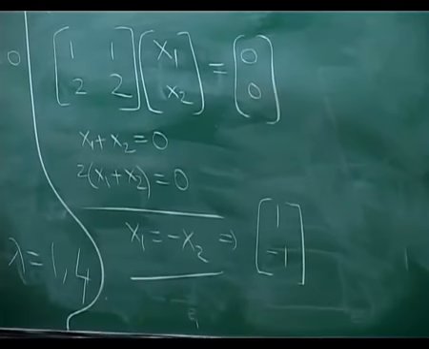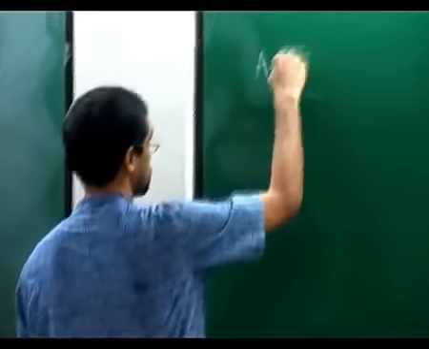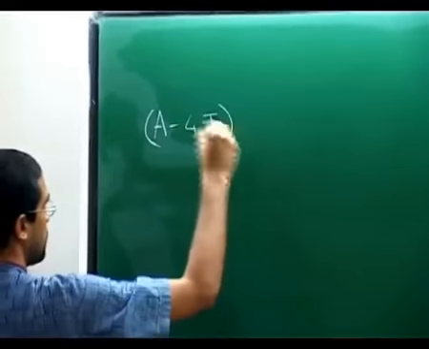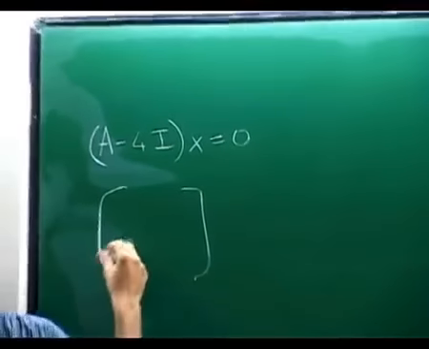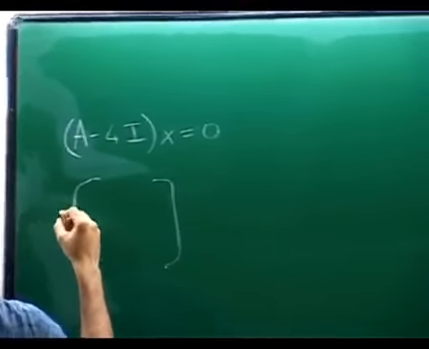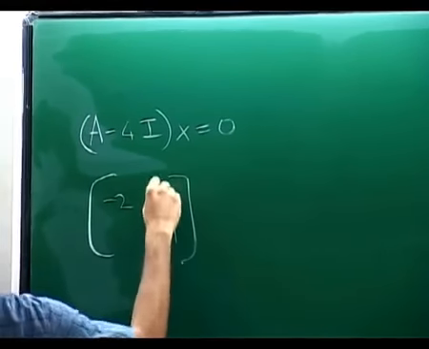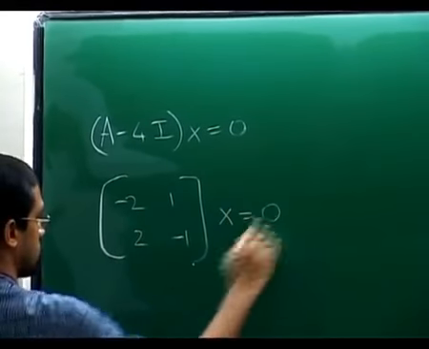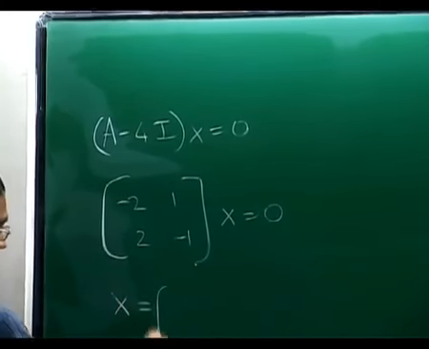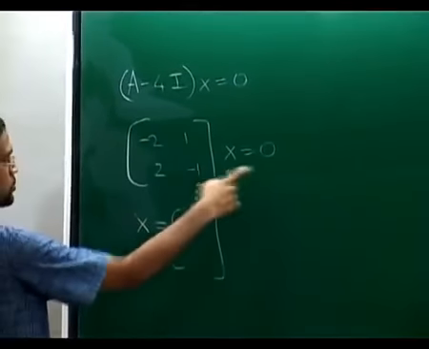Now let's do the same thing for 4. We'll find out what the eigenvector is. So we have A minus 4 times identity times x is 0. So I have 2 minus 4 is minus 2, 1, 1, 2 times x is 0. So by the same token, what should x be? So I have minus 2x1 plus x2 is 0.